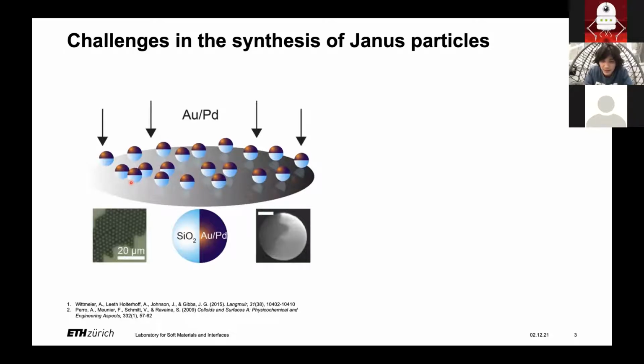I think it doesn't require much explanation why sputter coating, which uses a high vacuum environment and, in most cases, a very expensive metal precursor, is not something you can really consider scaling to larger quantities of particles. In addition, actually producing the monolayers themselves is somewhat tricky because of multi-layer stacking, where you have multiple layers of particles stacked on each other.